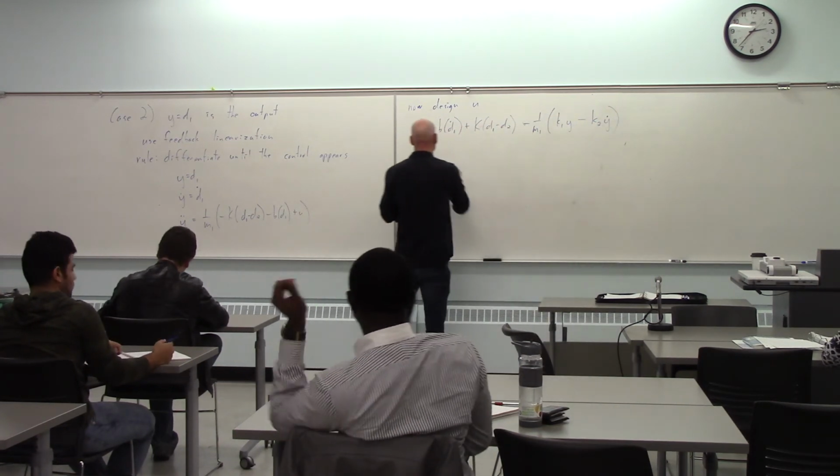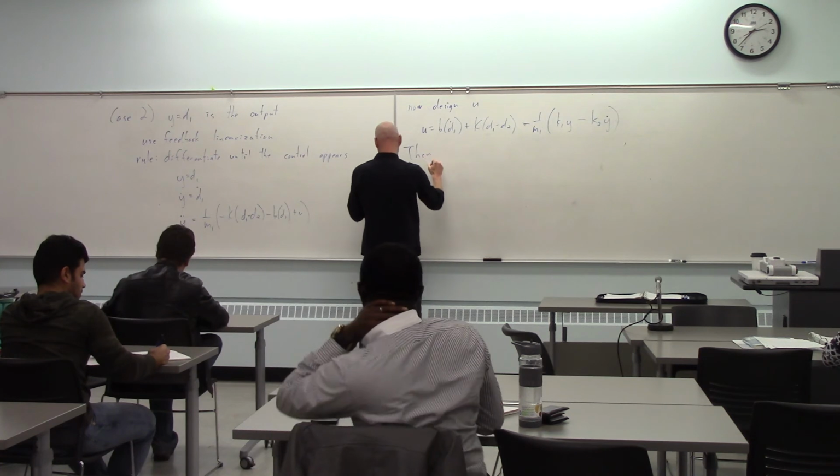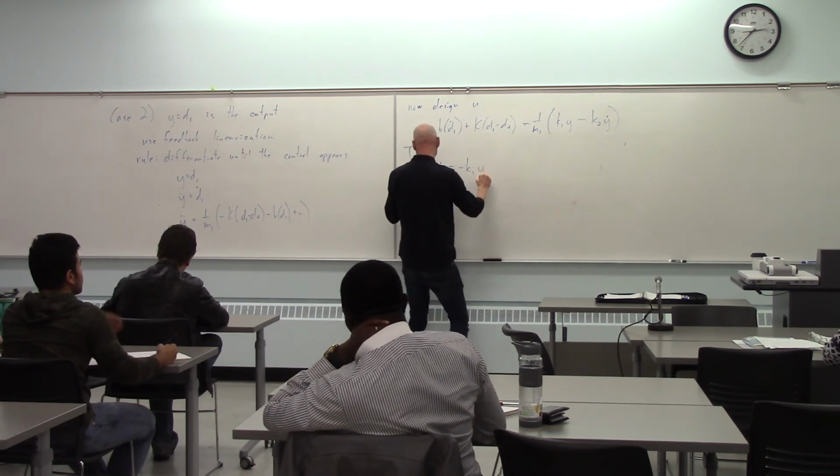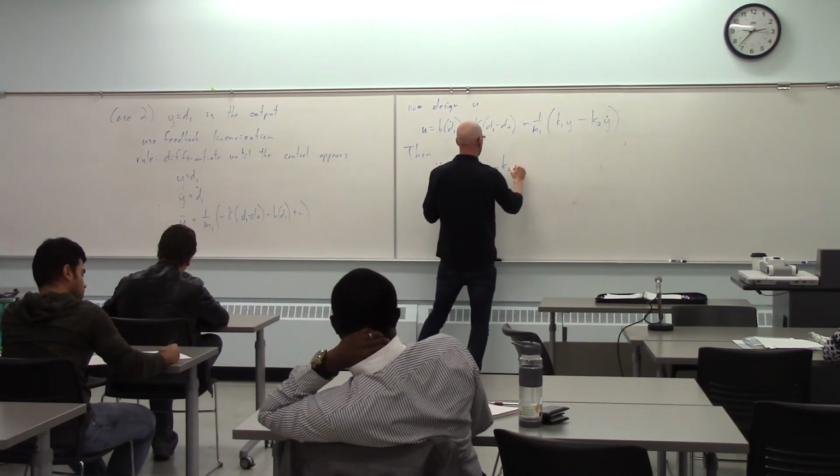So design my u like that, then I get something that's stable, minus k1y minus k2y dot.